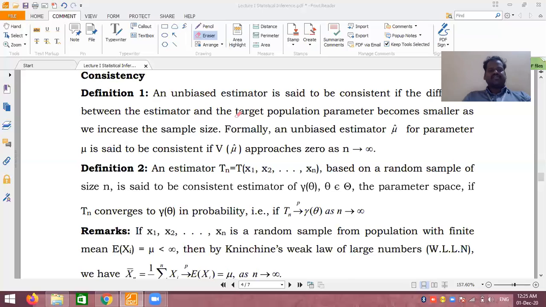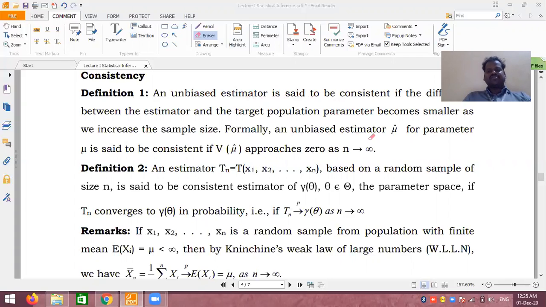First we will see the definition of consistency. An unbiased estimator is said to be consistent if the difference between the estimator and the true population parameter theta becomes smaller when we increase our sample size.